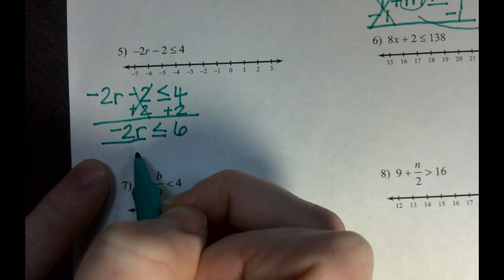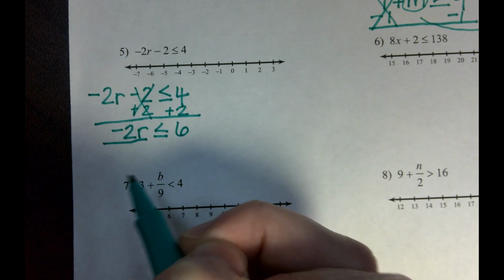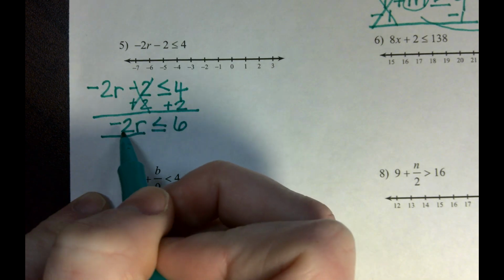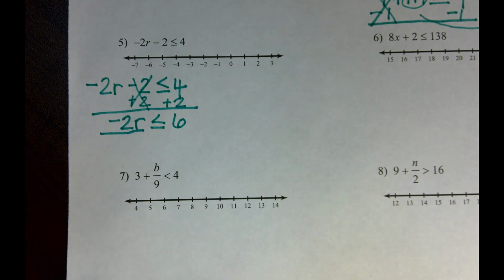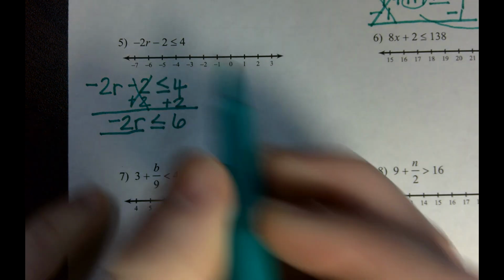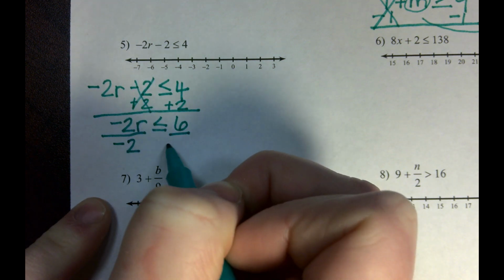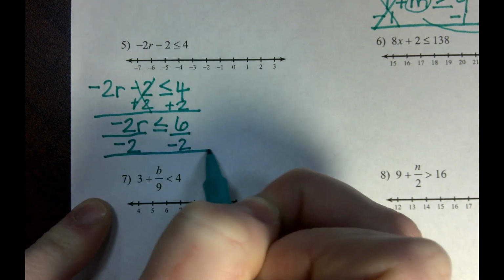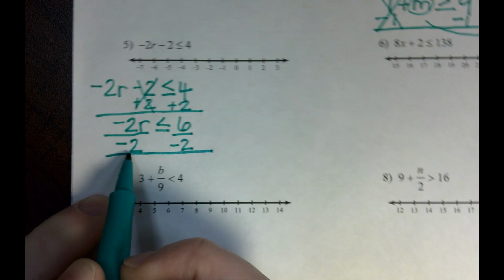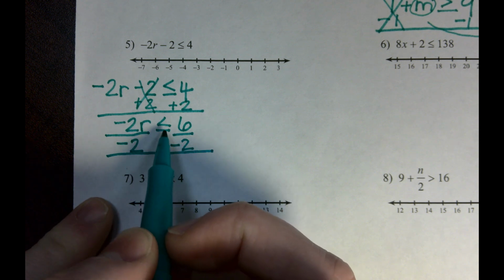So anytime we are solving an inequality and we have to divide by a negative number, only a negative number, divide by negative 2, divide by negative 2. When we divide by a negative number, it's going to flip our symbol.